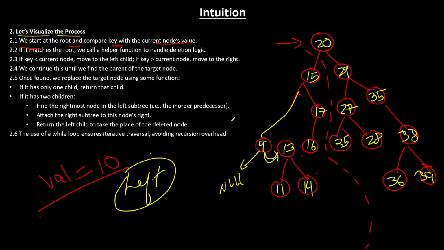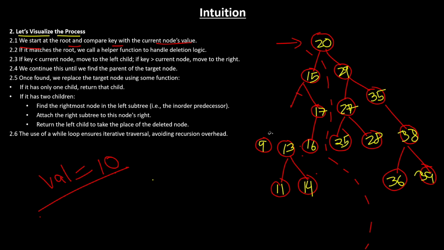One thing is, what if you don't want to do that? Then what will you do? You will say I will take 13 and I will connect. No, that is not possible, right?